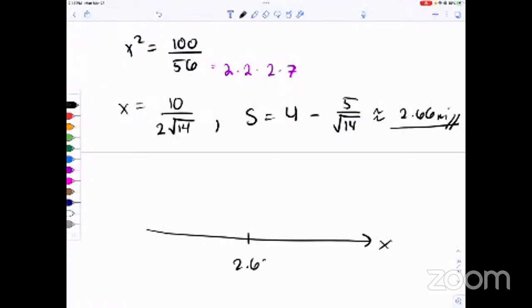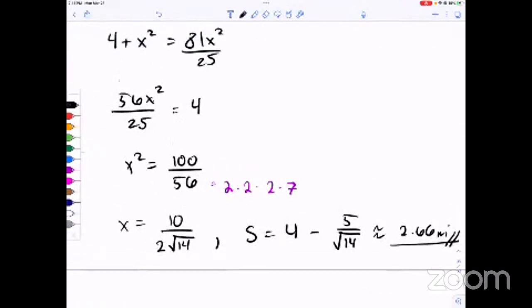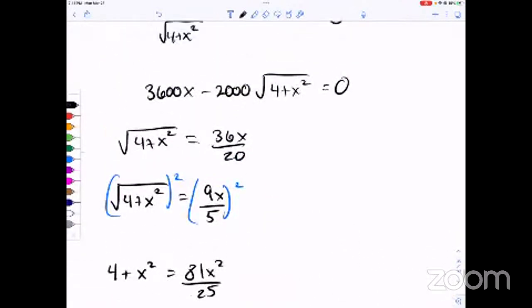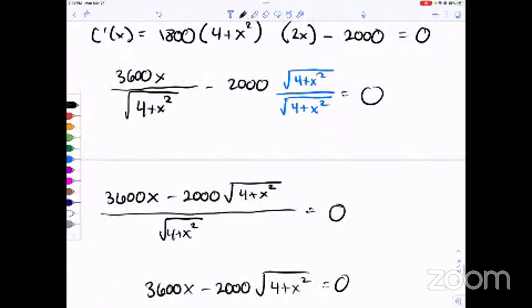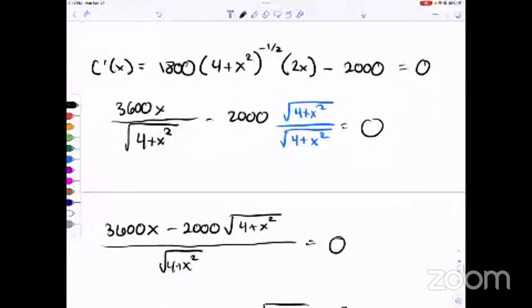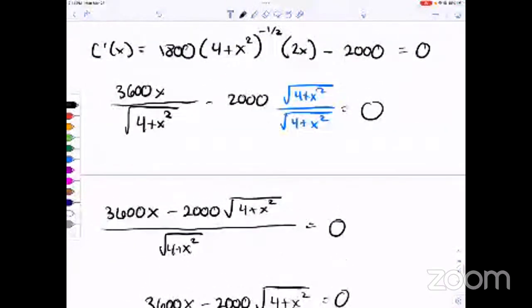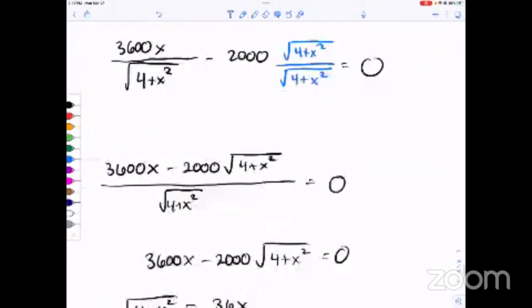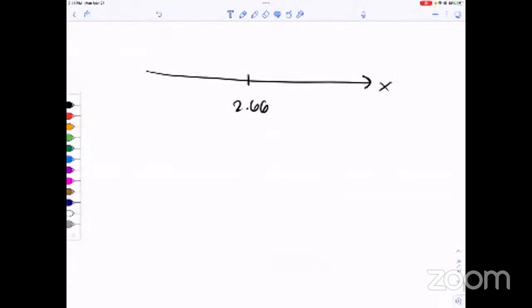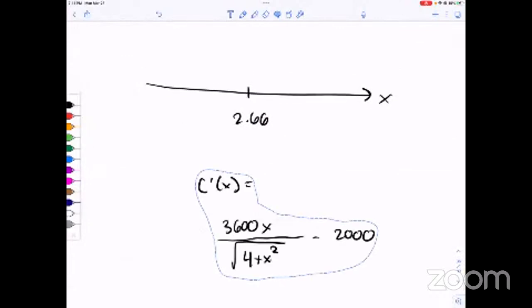We want to, did we take the derivative? I hope we did. Yeah. So our derivative is there, okay? Oh, hey, sir. Yes. How would you get the 56x squared over 25 equals 4?